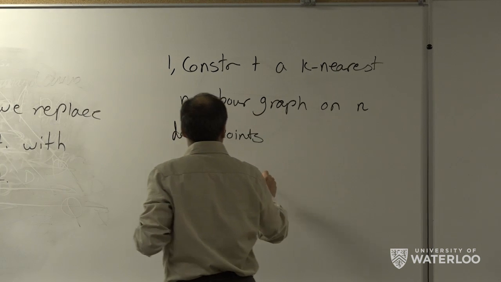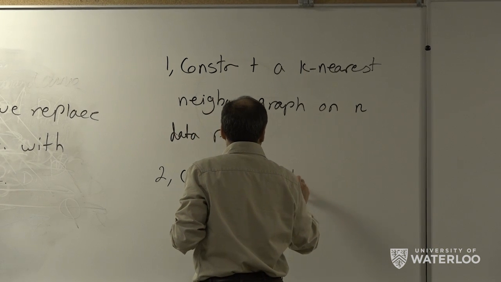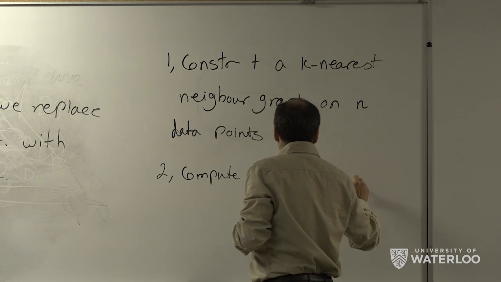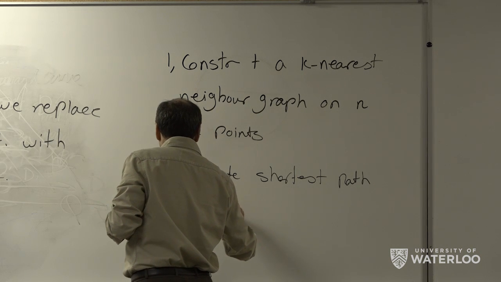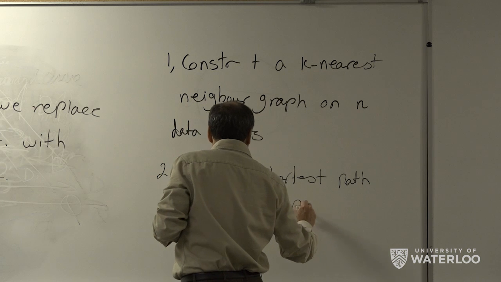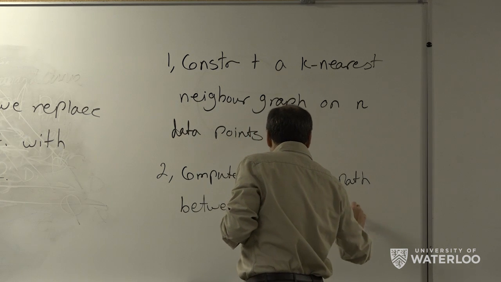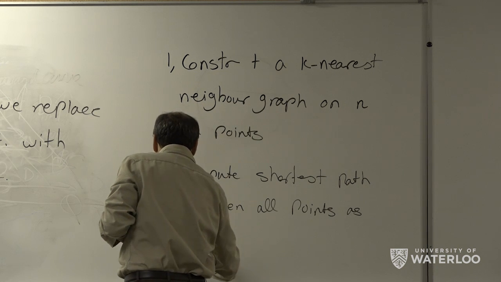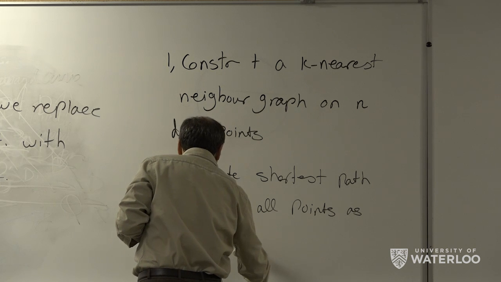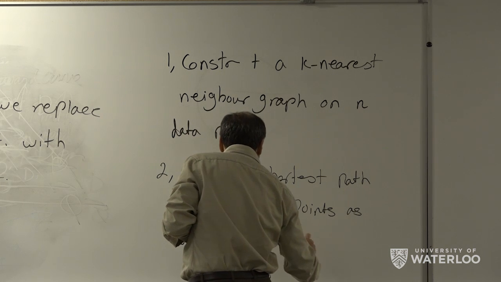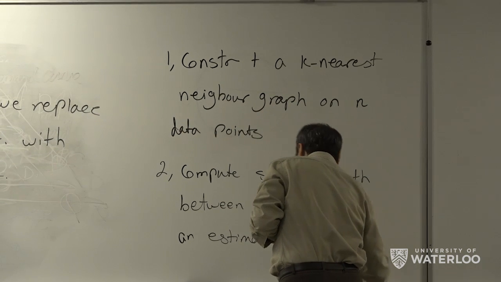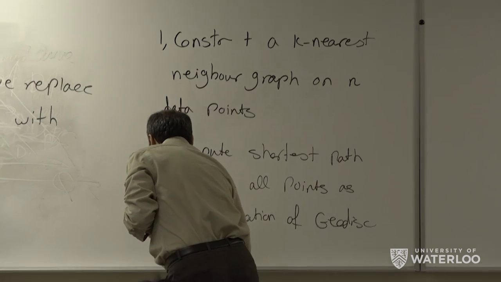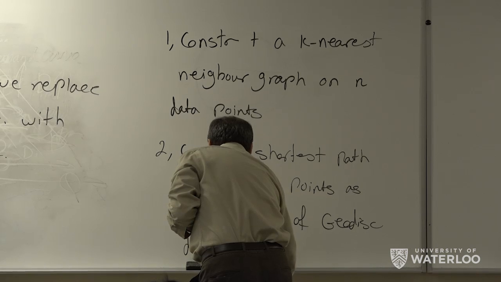Step 2 is to compute the shortest path between all points as an estimation of geodesic distance. Call it dg.